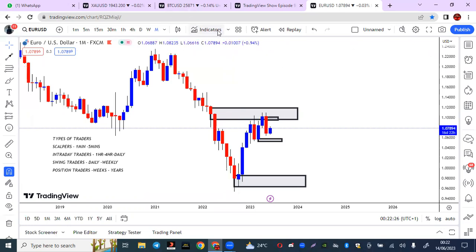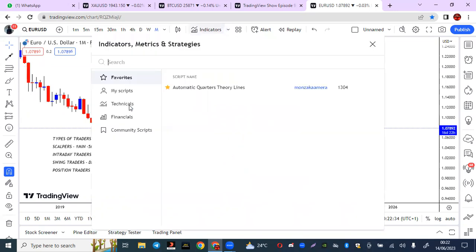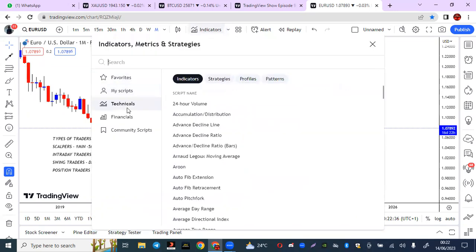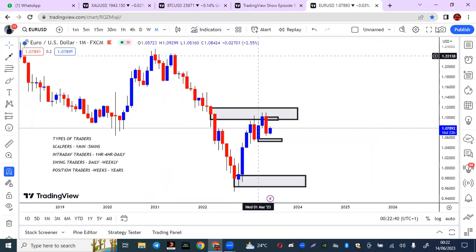So we have different kinds of indicators here. There are people that love to use indicators. We don't use indicators because we are pure price action traders. So we have different kinds of indicators here that people can use. All right, so that's what we have here.